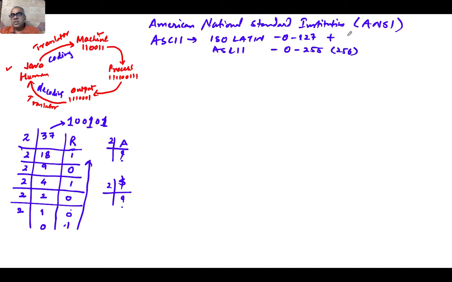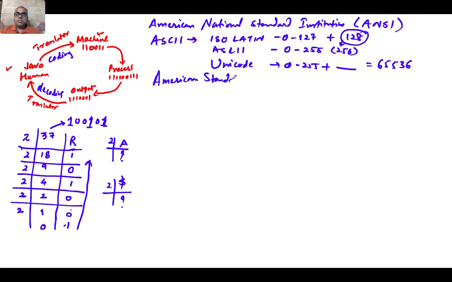So another 128 got joined, which makes it 256. And of course now Java has Unicode, where whatever is 0 to 255 remains as it is, plus the other numbers come, which makes 65,536 characters altogether.